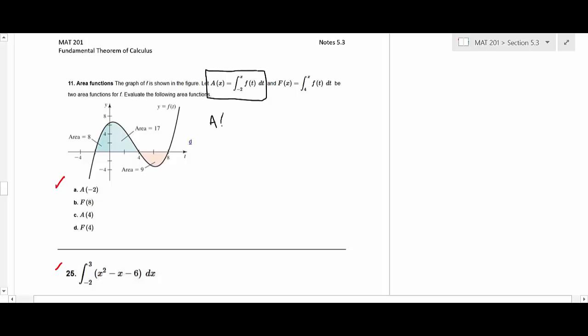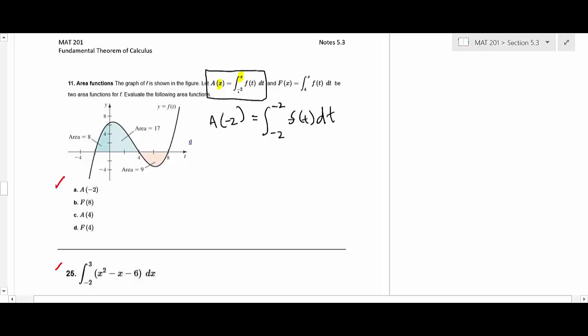When we do A of negative 2, we're not going to work the integral out because we don't know the function, but we do have a graph and some areas given. In this area function, x is the upper limit of integration, so negative 2 is going to go there.